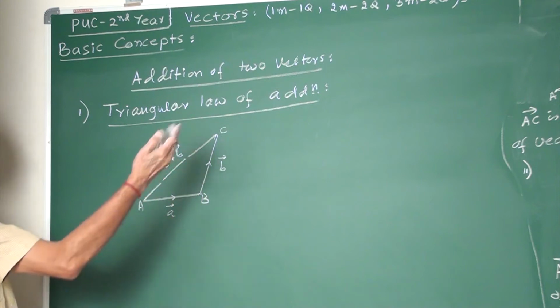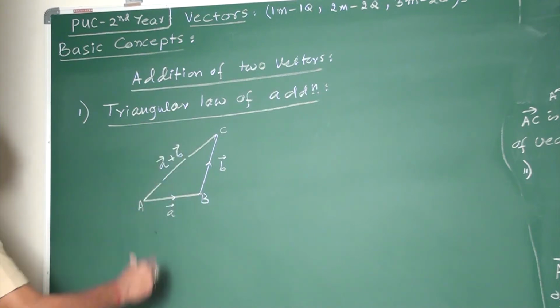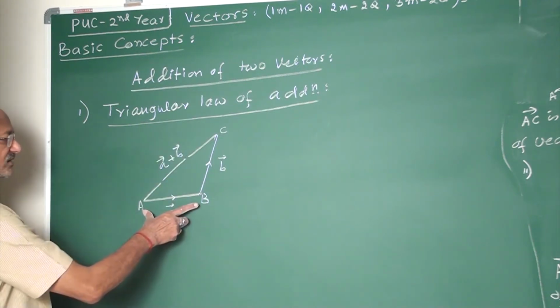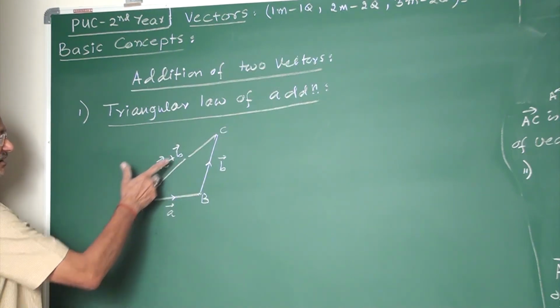Once again, that resultant plays a very important role. The addition of two factors AB and BC, or the sum of two factors AB and BC, is the resultant factor AC.